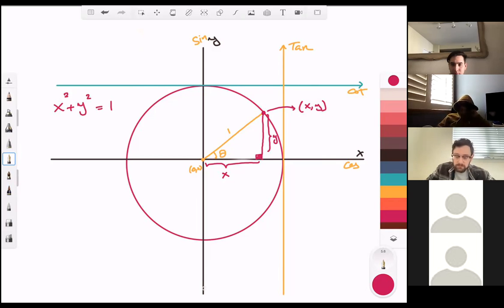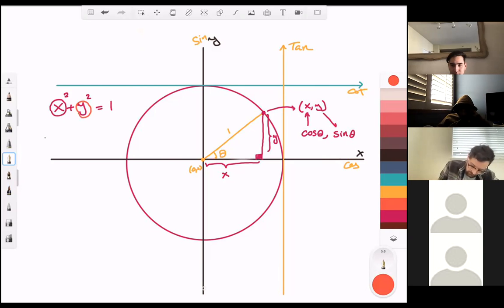Good. What is x on the unit circle? This x is cosine of theta and y is sine of theta. If I replace x and y with sine and cosine, what are we going to get? Cosine squared of theta plus sine squared of theta equal to 1.